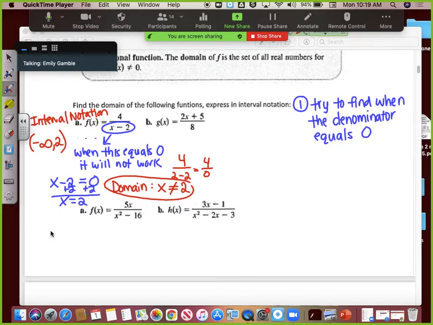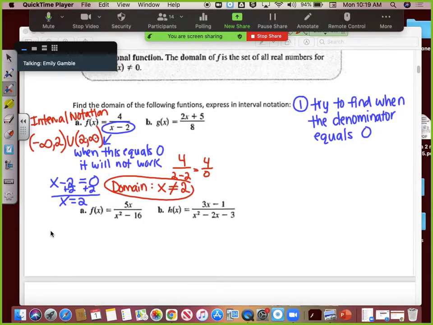Okay, so I would write from negative infinity to 2, and parentheses means that it's not included, and 2 is not included, and that's why I'm using a parenthesis. If you remember, a square bracket shows that that endpoint is included and 2 is not. So it would be from negative infinity, any negative number, all the way to 2, not including 2, and then also starting back here at 2, but not including 2, to positive infinity.